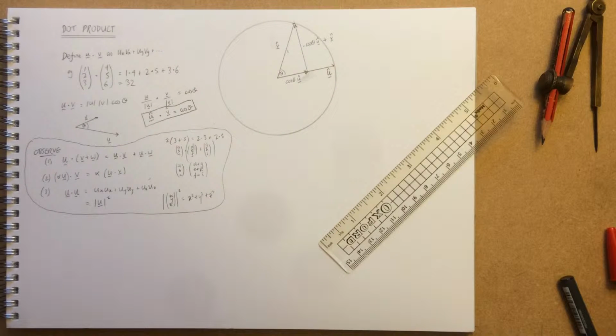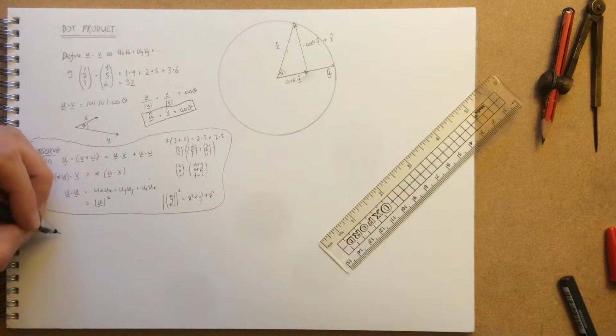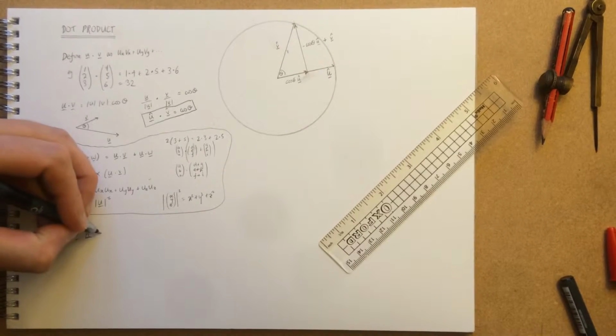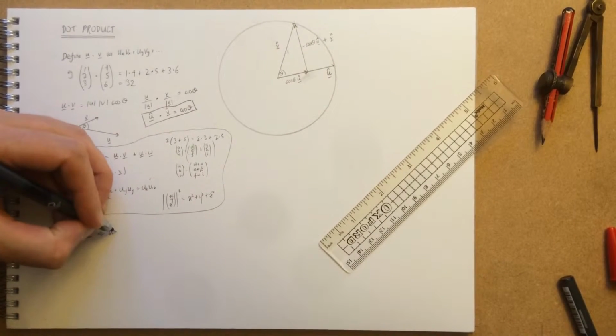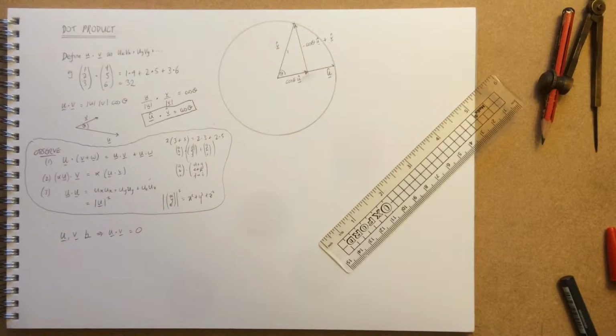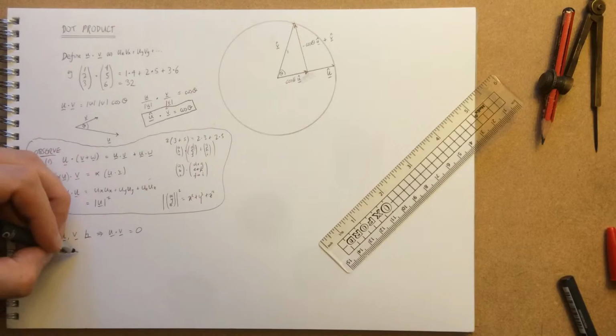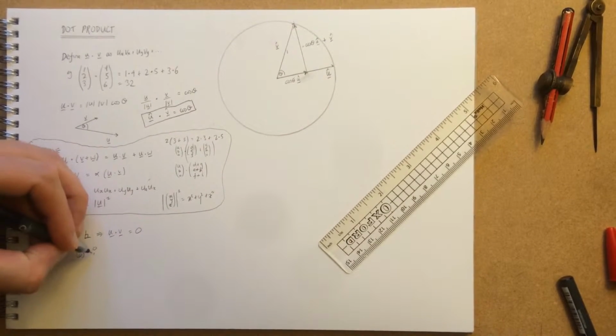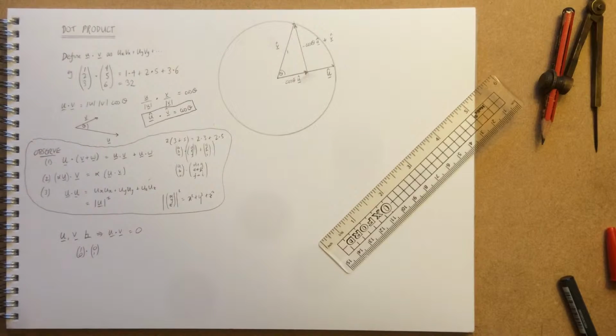Now we need one more result about the dot product. We need to show that if u and v are perpendicular, then u dot v equals 0. Quick example. 1, 0 dotted with 0, 1. Those two vectors are perpendicular.